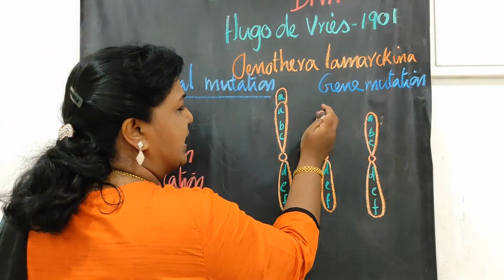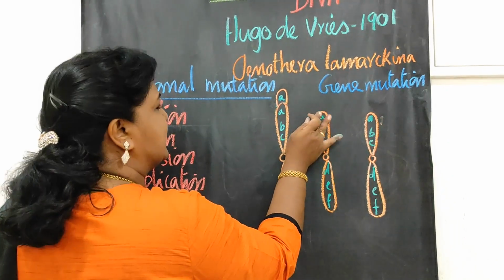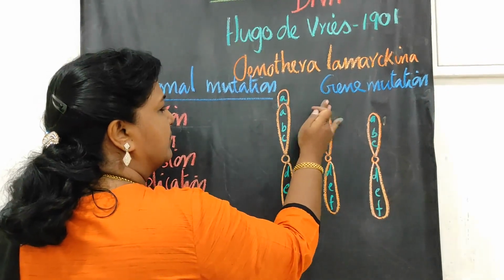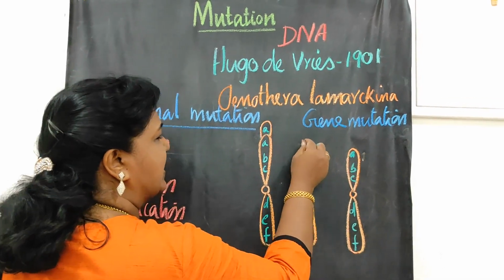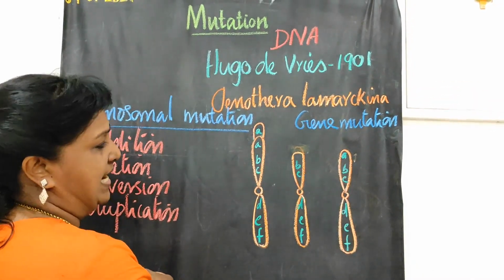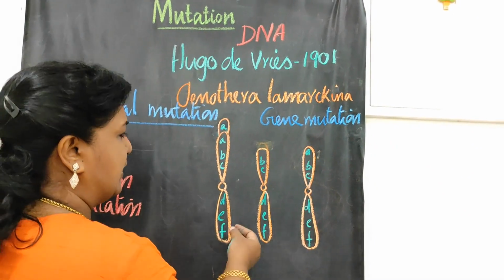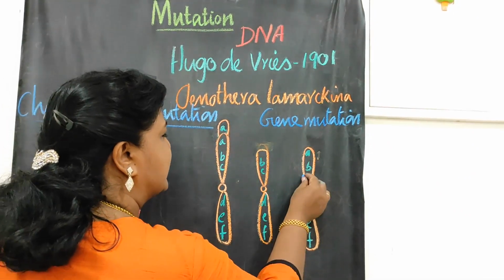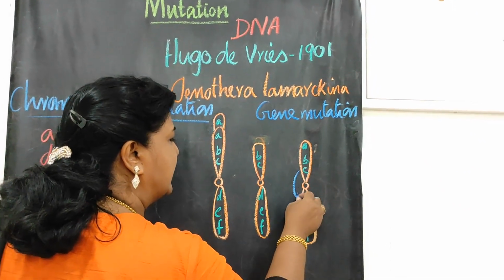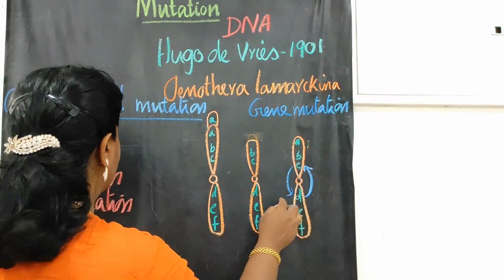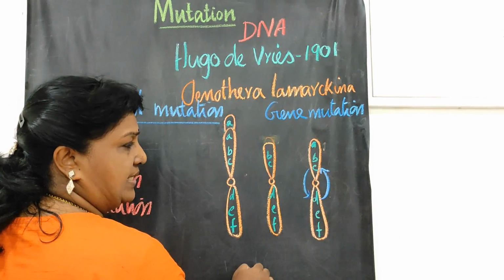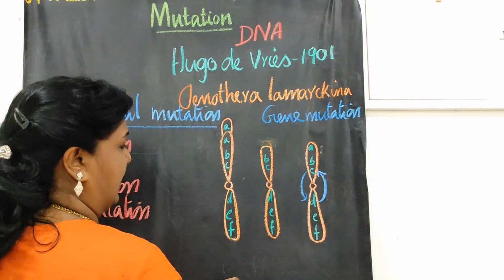And here you see if this A is deleted, that is said to be deletion. And here you see if the C is coming here and if this D is going here, then it is said to be inversion.